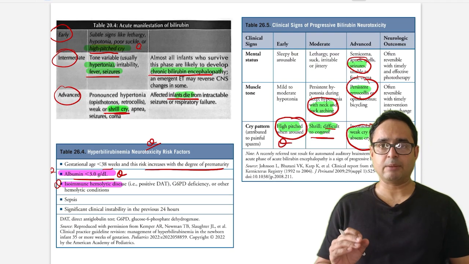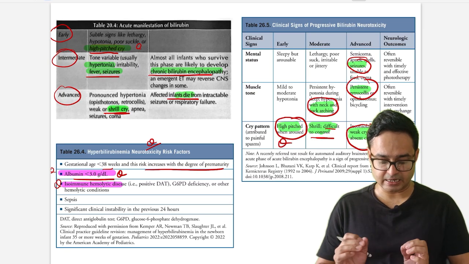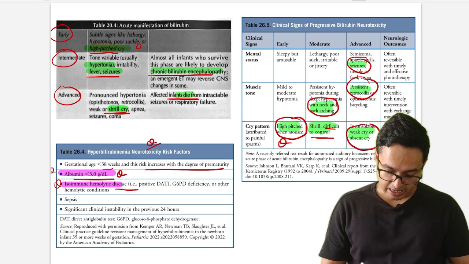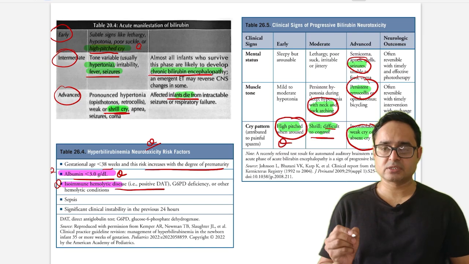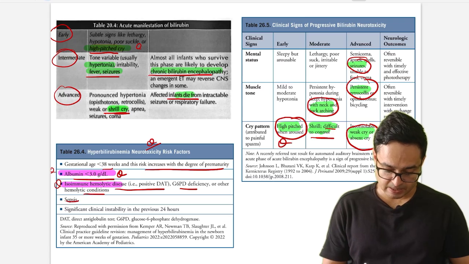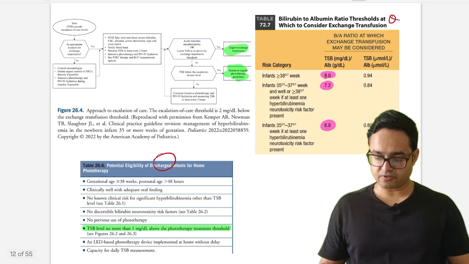If you did albumin levels and they are less than 3 gram per deciliter, it is a risk factor of neurotoxicity. Also isoimmune hemolytic disease like positive DAT, G6PD deficiency and other hemolytic conditions, sepsis, and significant clinical instability in the previous 24 hours. These are the neurotoxicity risk factors.